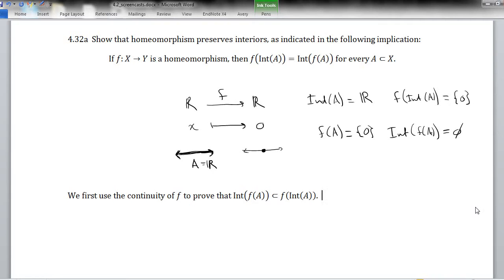Do we know any open sets in the target? We sure do: the interior of f of A.